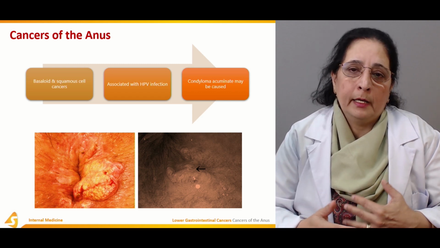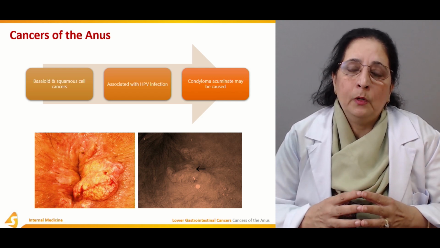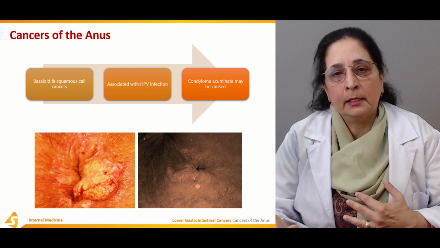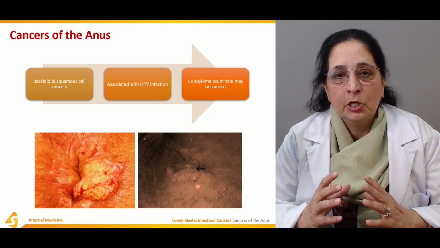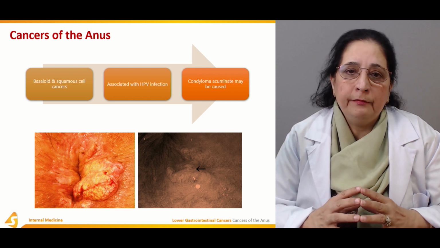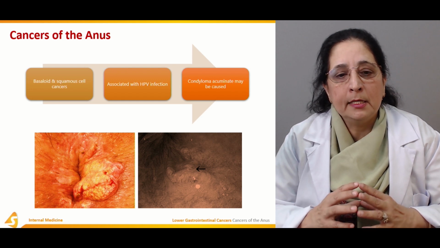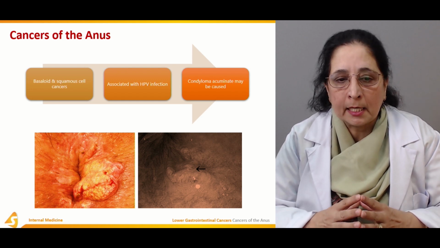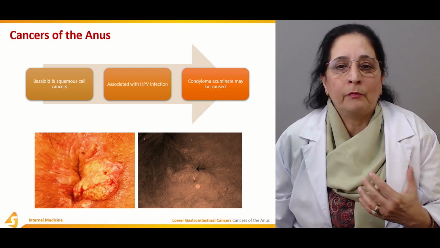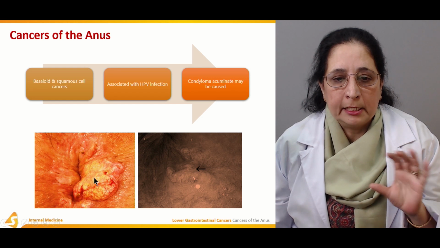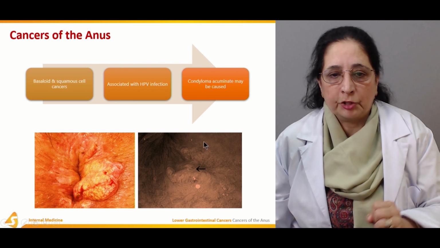It's a sexually transmitted virus, and in homosexual people who have AIDS, this is common. So mainly the HPV is associated with anal cancers of the basaloid and the squamous type, and they appear like the skin wart or viral warts which have the rough structure like a cauliflower-like structure.